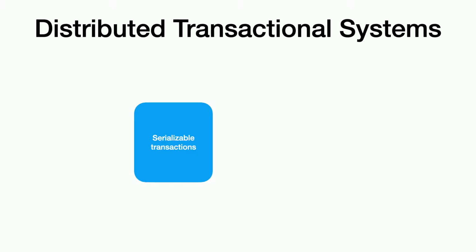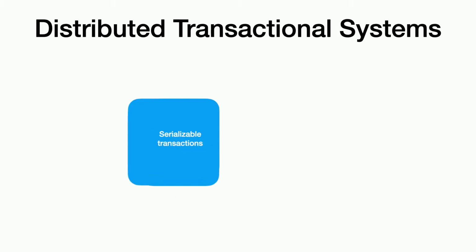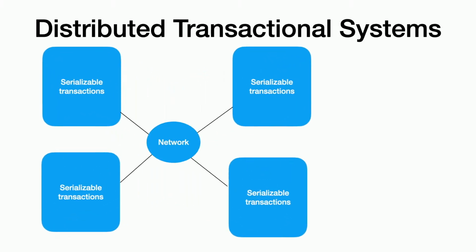Now I want to talk about distributed transactional systems. I presented a transactional system as one entity on one machine that has data, and we want to implement concurrency control around it. This is a very nice abstraction, but in reality, we might have data that is split across several machines, connected over a network.